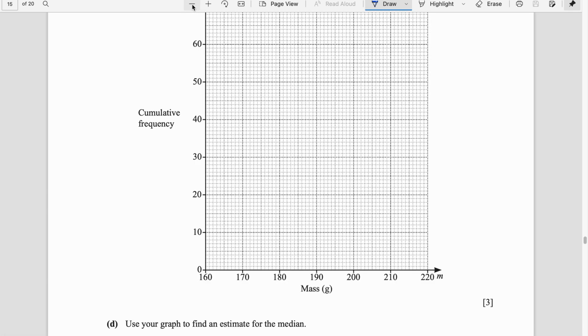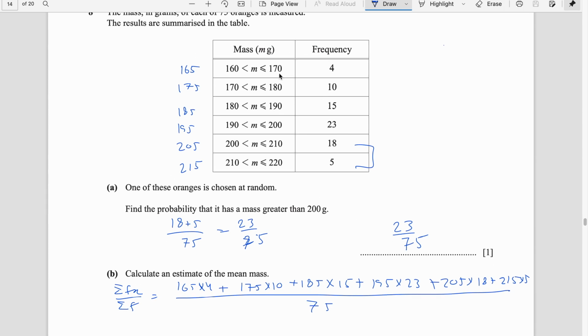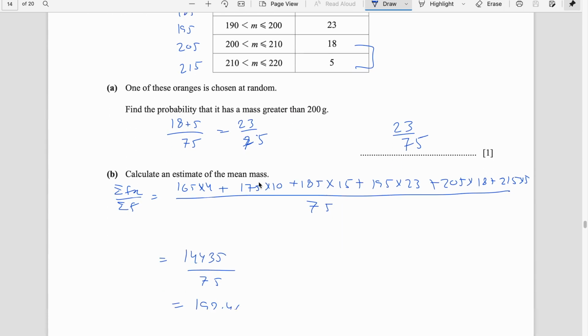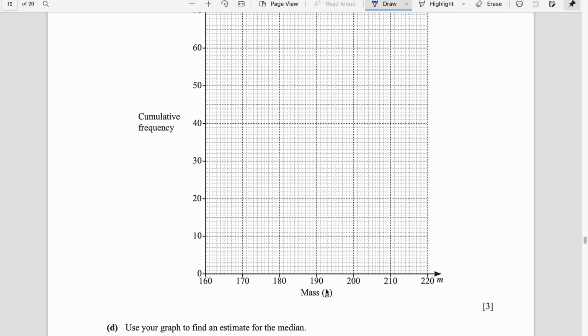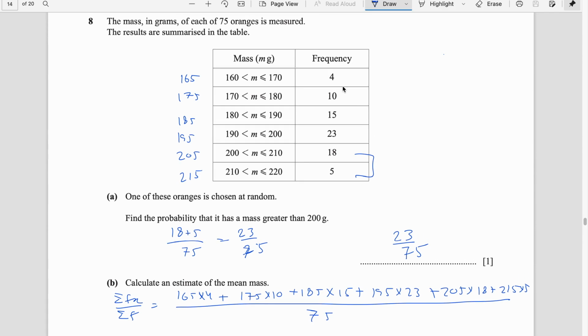Okay, let me copy the table so I don't have to go back and forth. So this is 170, 180, 190, 200, 210, that is already there. And the values for cumulative frequency. Cumulative frequency, let's add them. 4 plus 10 is 14. 14 plus 15 is 29.